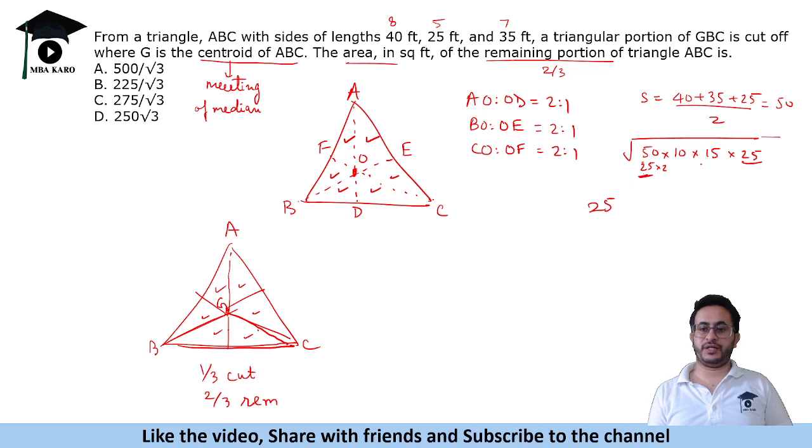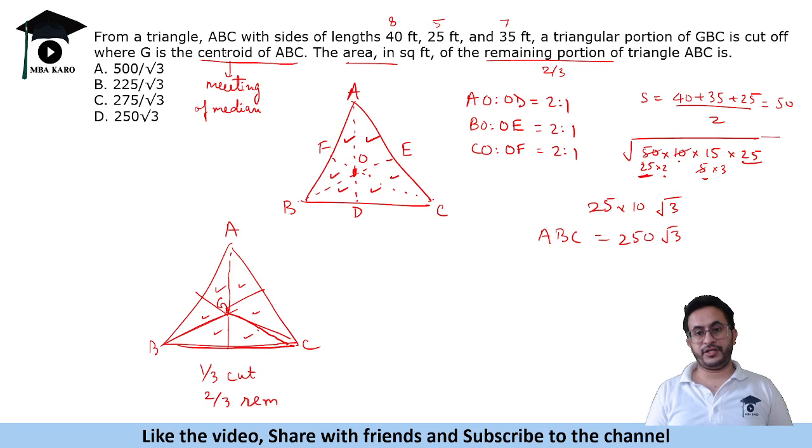This is 5 into 3, and 5 into 2 is 10, so we can take out another 10. This is completely taken out, so we are left with 3 inside. So that is 250 root 3, the area of ABC.